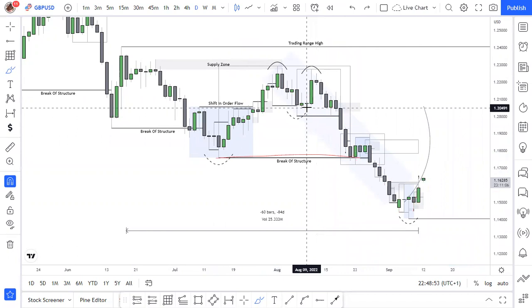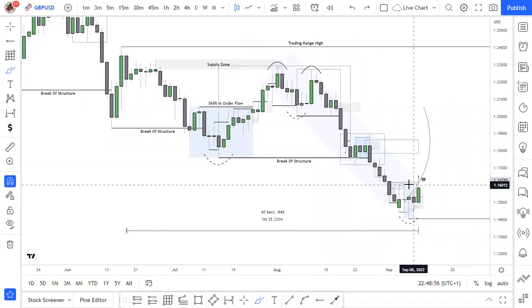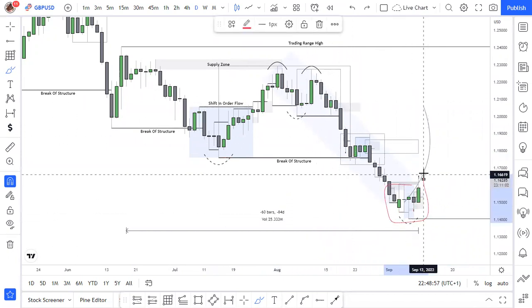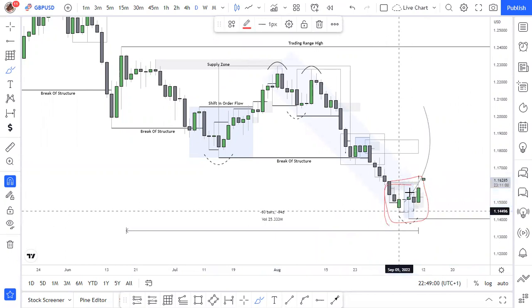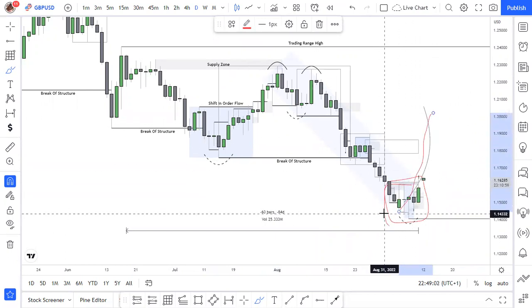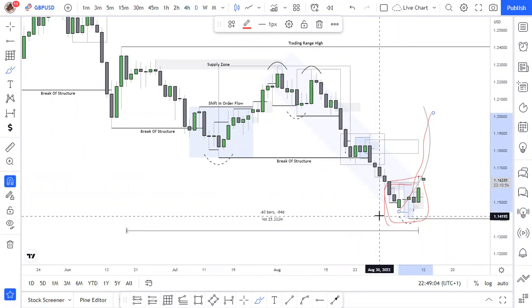Since price is somewhere down here, before we can start looking for some kind of pullback trade, we need to see the lower time frames, that is the 4 hour and the 15 minutes, start forming some kind of bullish market structure. Then we can know for sure that the daily time frame might be pulling back.